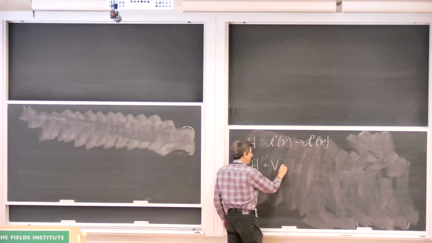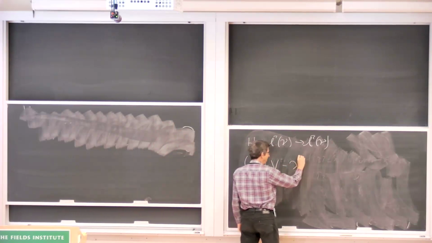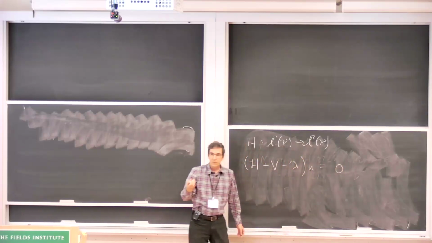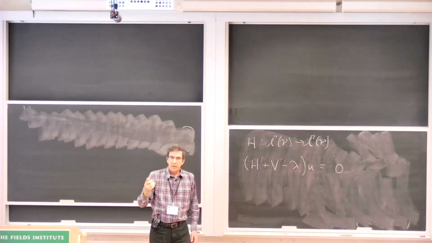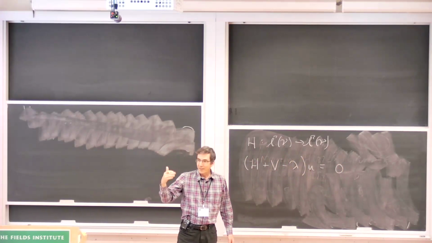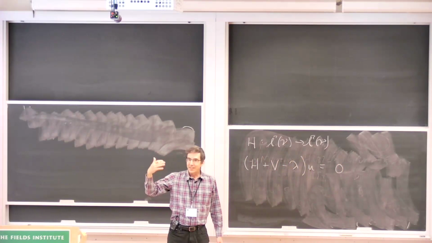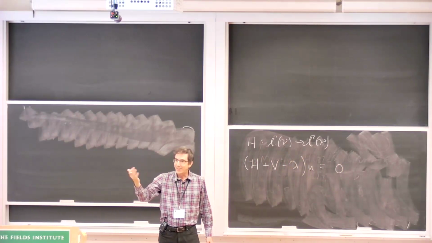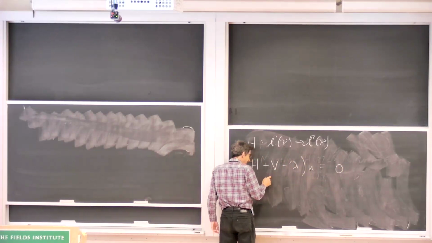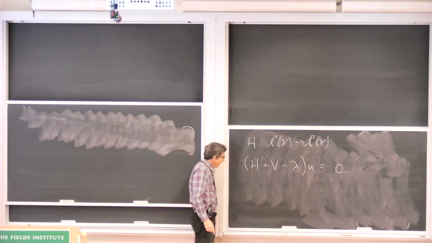So we're looking for solutions to this problem where U is actually an L2 function. Why L2? It's not just because we only care about L2, it's because that's where H is self-adjoint, and this is where the quantum states actually exist. So we're looking for solutions of this, where this is a local defect.